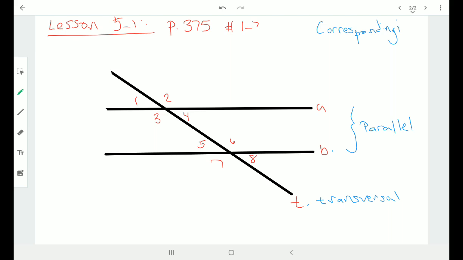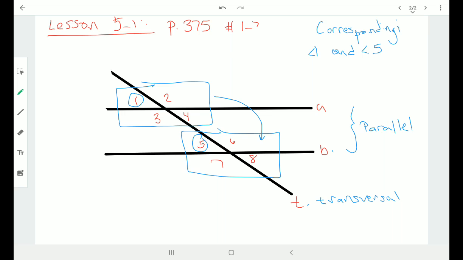Okay, so for example here, angle 1 and angle 5 would be corresponding angles, right? Angle 1 and angle 5 are, right, if I were to pick this thing up, this box, and I were to move it down here, angle 1 and angle 5 would be in the exact same spot, right? Similarly, angle 2 and angle 6 would also be corresponding angles, right?